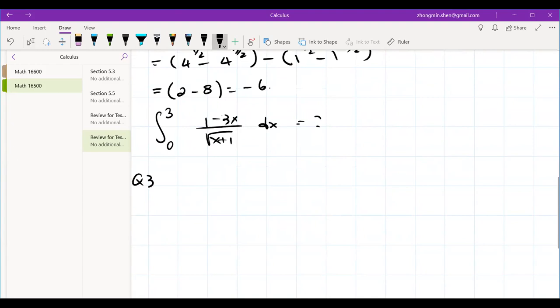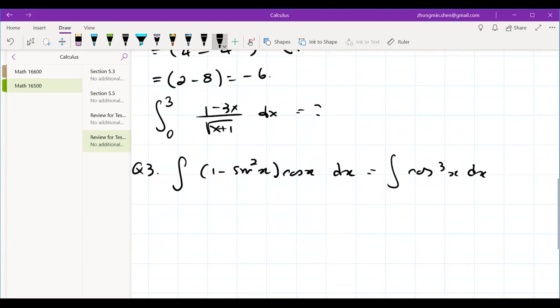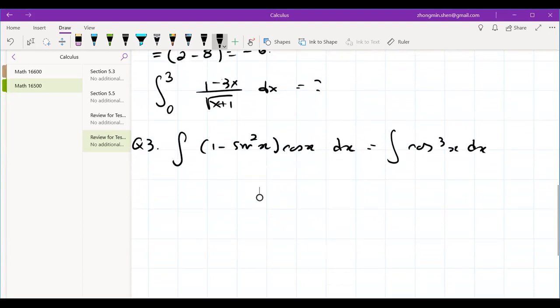All right. So let's look at number 3. Evaluate this integral. Okay. Now this could also be written as cosine cubed x dx. It can show up in 2 different ways, right?